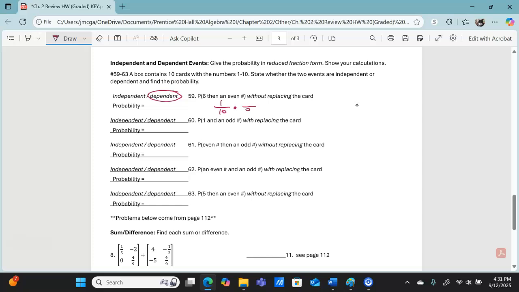You do not replace the card, so there's only 9 cards left. And how many of those would be even? Well, let's look. 1, 2, 3, 4, 5, 6, 7, 8, 9, 10. But we pulled the 6 out. So 1, 2, 3, 4 more are even.